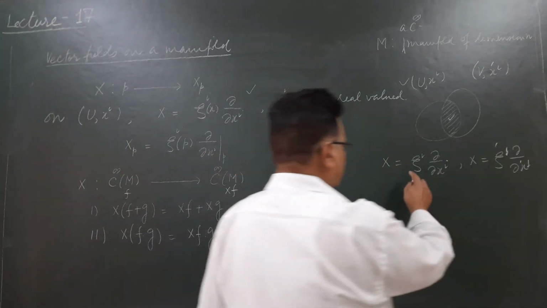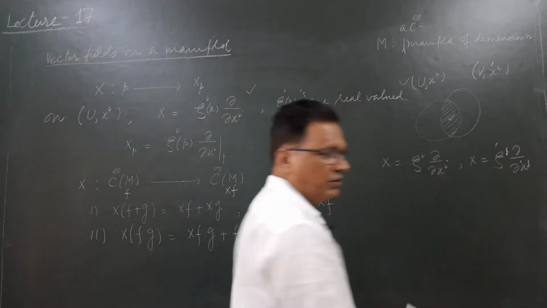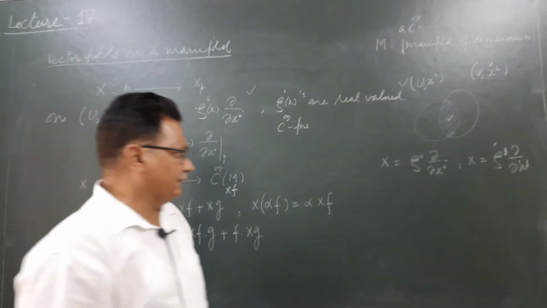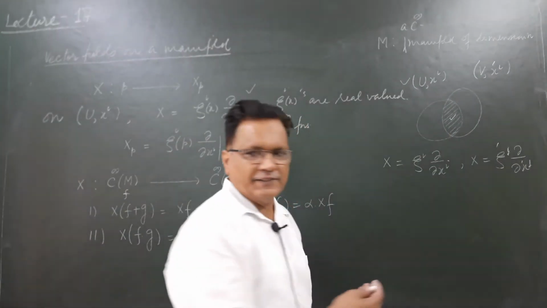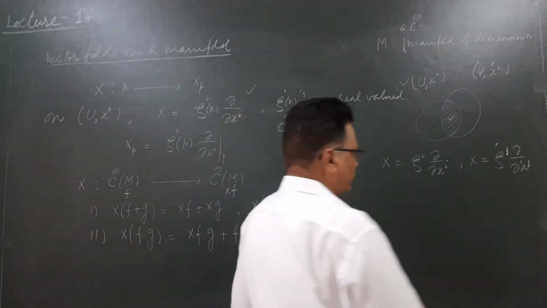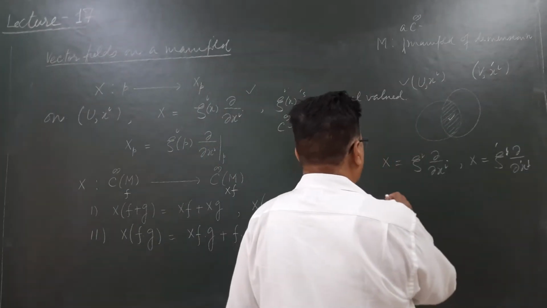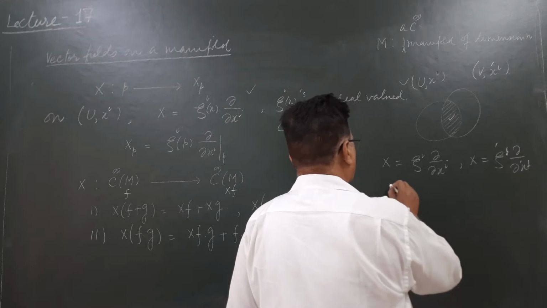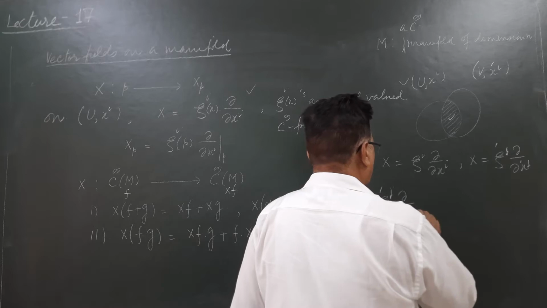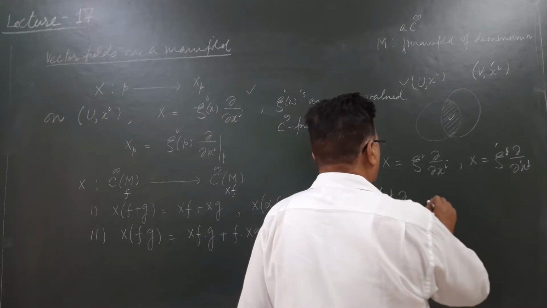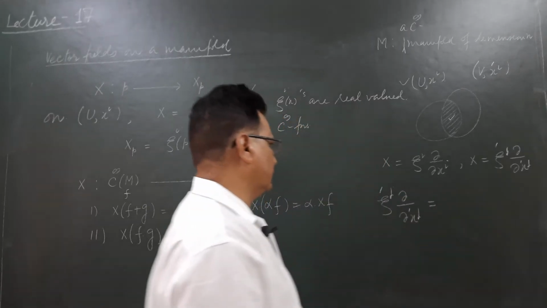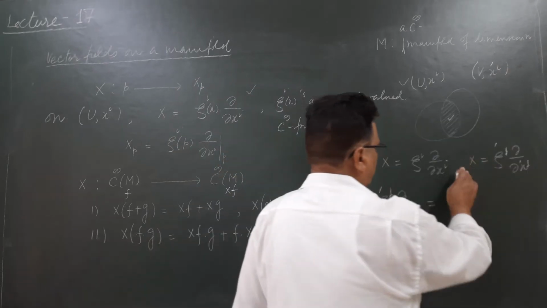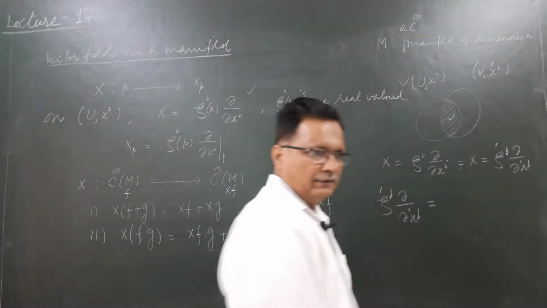So, we expect that these components of the vector field must be related to each other. So what will be the relation? We can easily work it out. So what I will do, I will write down xi dash j del upon del x dash j. Both of them are X, so they are all equal.